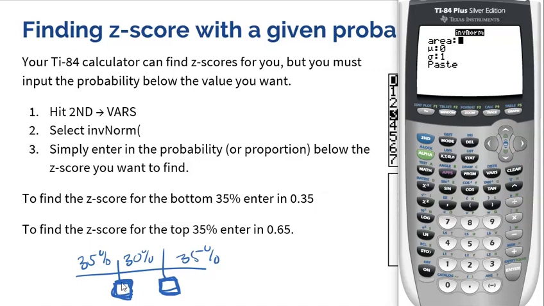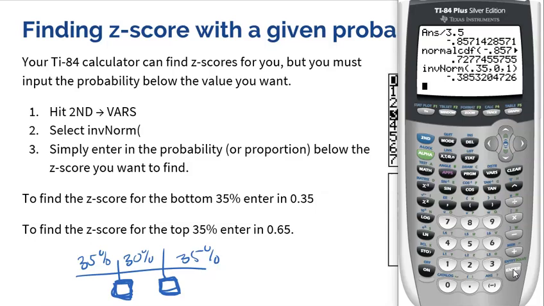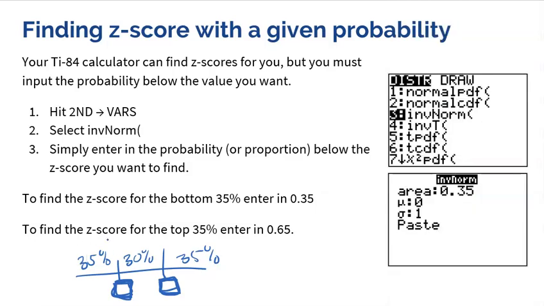So to find the first box, the bottom of the 30%, I'm going to type in 0.35 because there's 35% below that bottom value. And the z-score is negative 0.3853. So that z-score right there is negative 0.3853.